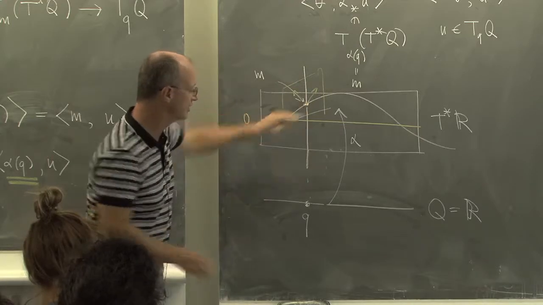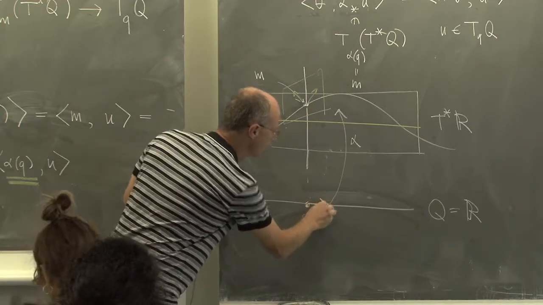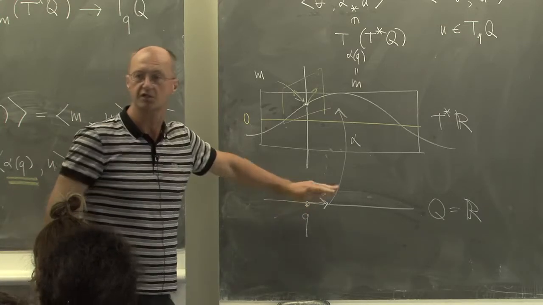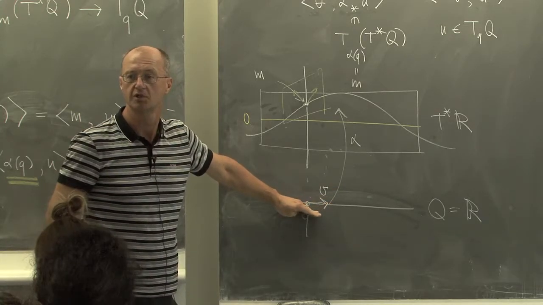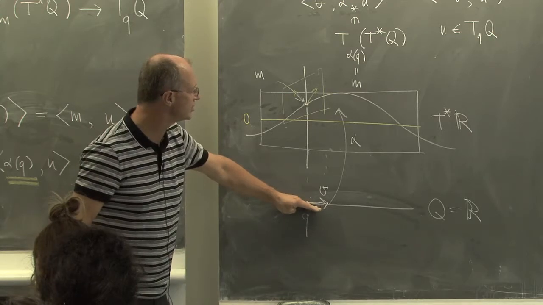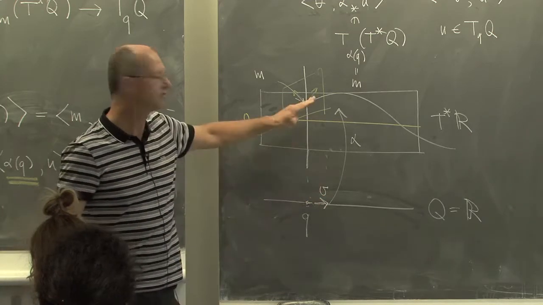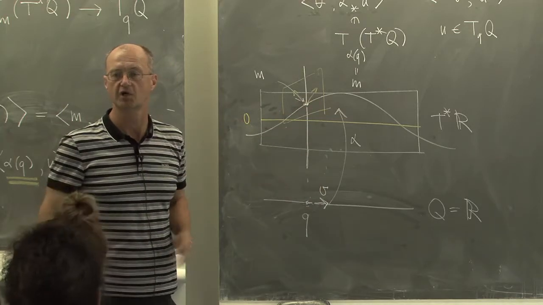So in the picture here, suppose that I've chosen a tangent vector here, right? Here there is also a tangent space. It's just one-dimensional. So what will be the images under alpha star of the tangent vectors here, up there? How do they look like?